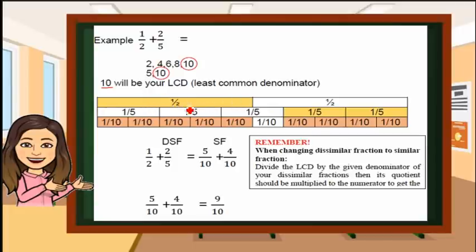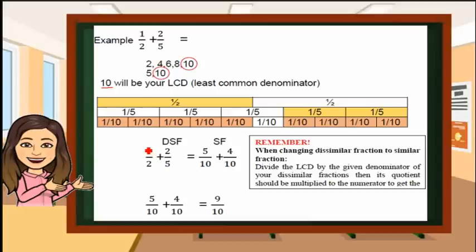So here we have 1/2 and 2/5. The shaded regions are the original given fractions. But here, if we look into the fractions with our LCD, you will see how they will be converted into similar fractions.